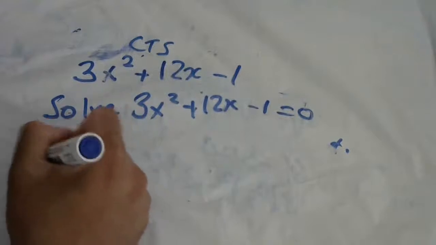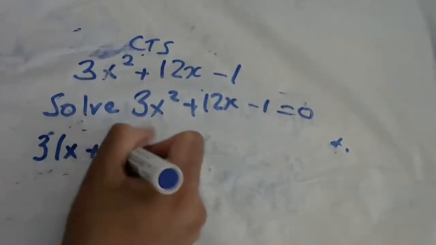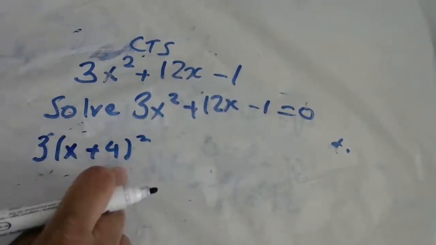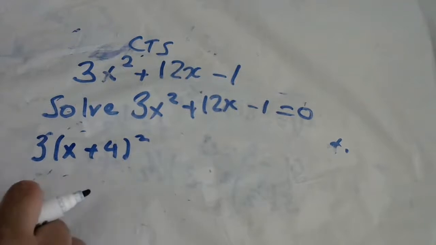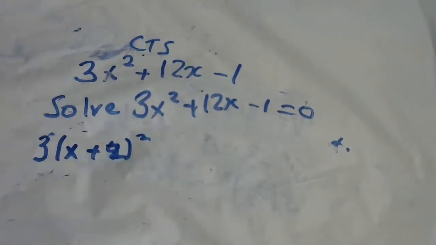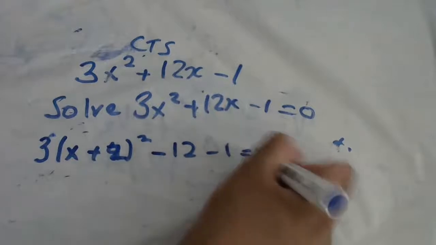So we've got 3 times x plus 2 all squared, minus 4, so minus 12 minus 1 equals 0.